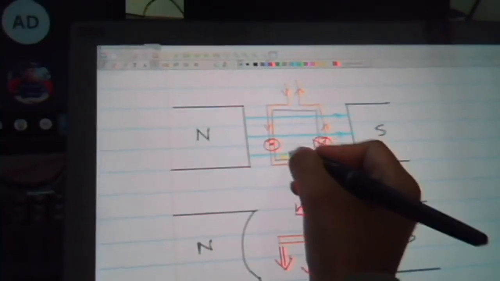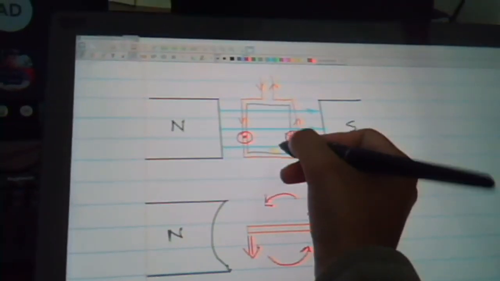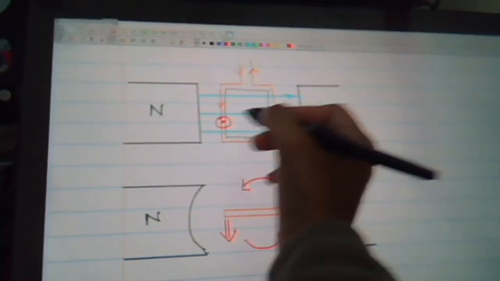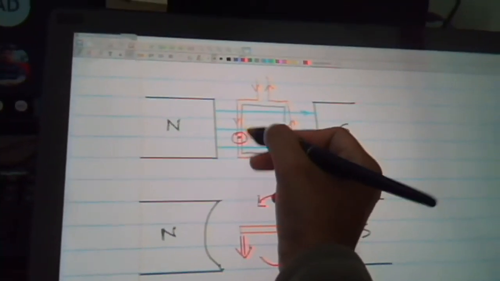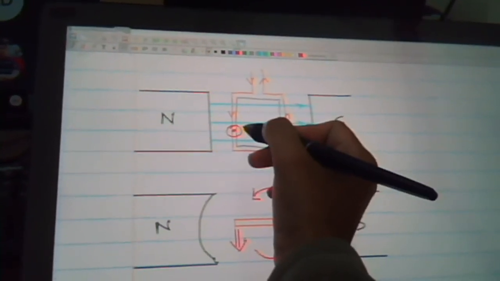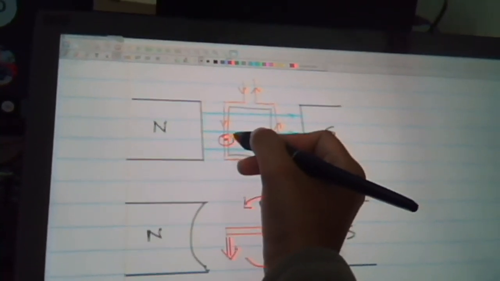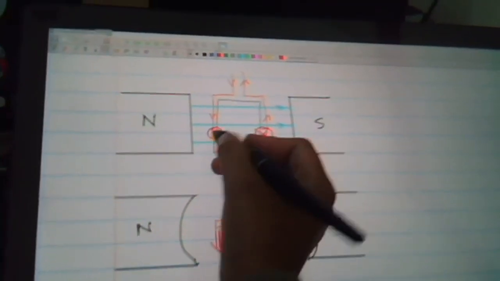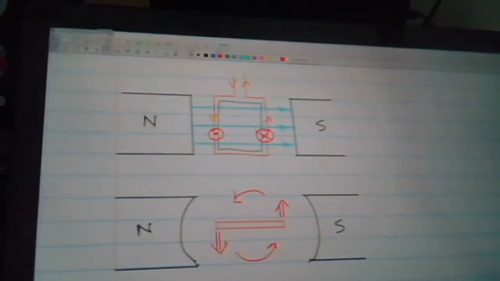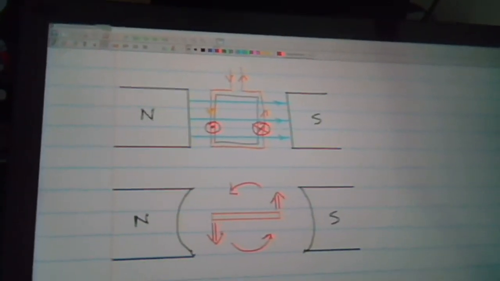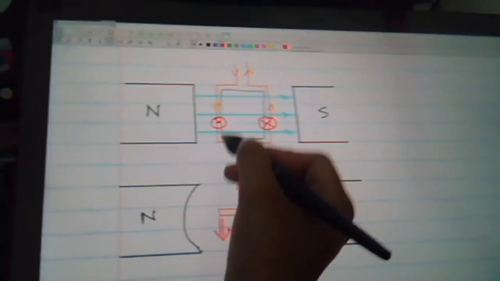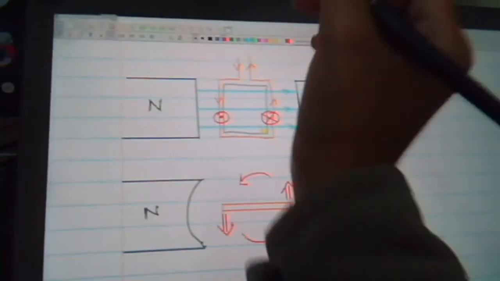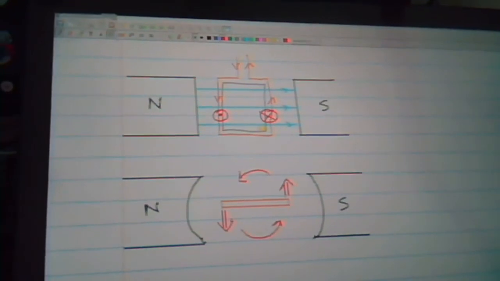Now the moment it starts to move, this coil as well as this aluminium frame, they are conductors and they are moving inside this magnetic field. So as you rightly pointed out, now there will be some induced EMF in these conductors which are moving through the magnetic field.